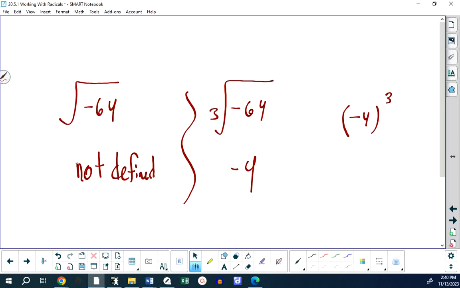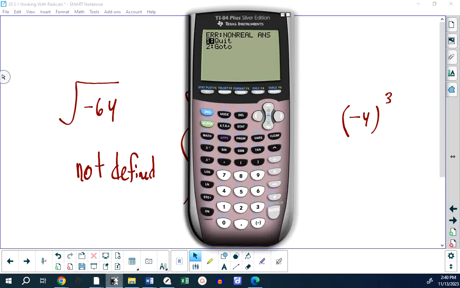And by the way, and this is something that you really need to pay attention to, when I ask you to figure out what the cube of negative 4 is, if you do this, you are not using your calculator right.